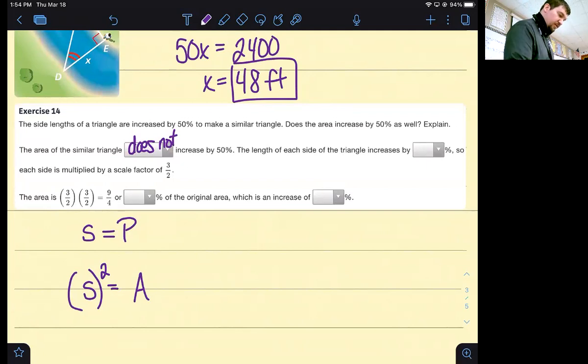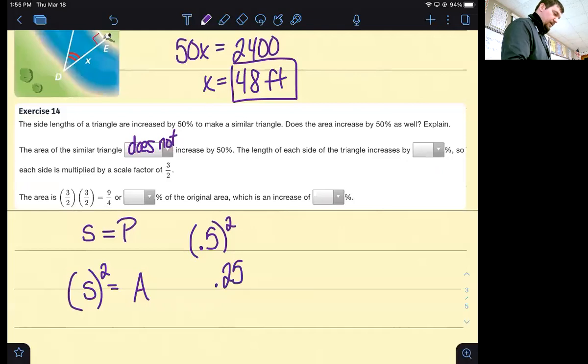Hold on, it's been a while since I've looked at this one. So it shouldn't be 50%. It should be, let's see, 50% is 0.5. What's 0.5 squared?